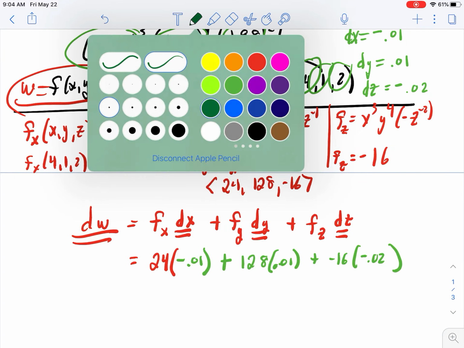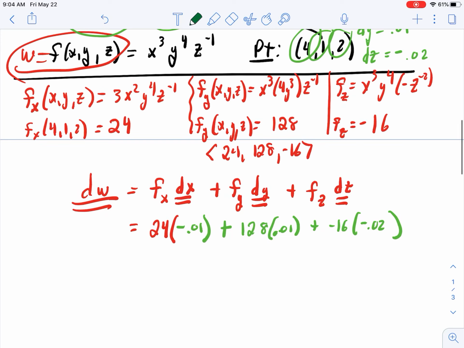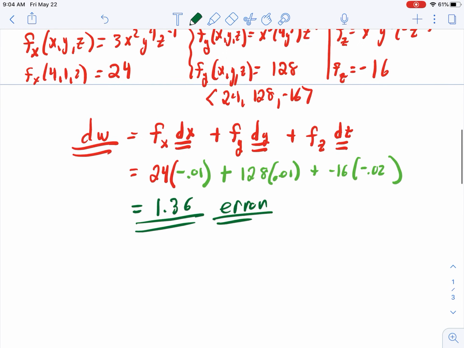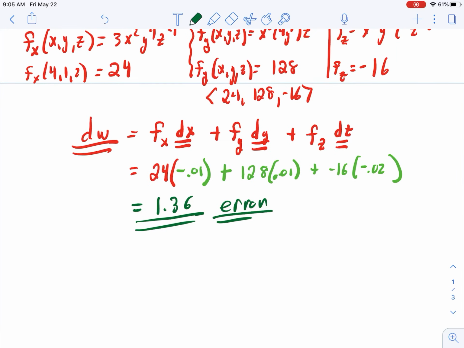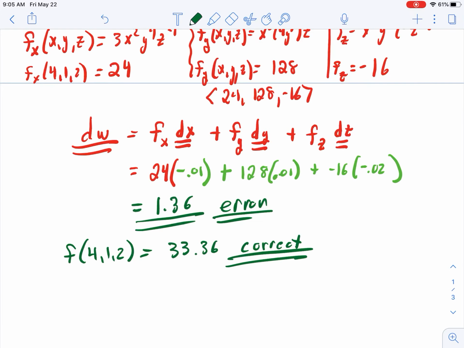Now, calculating all this out, you should come up with 1.36 would be my error. Now, if I actually go through and plug this into it, and if I find f of 4, 1, 2, you should get 33.36. That's the correct answer.